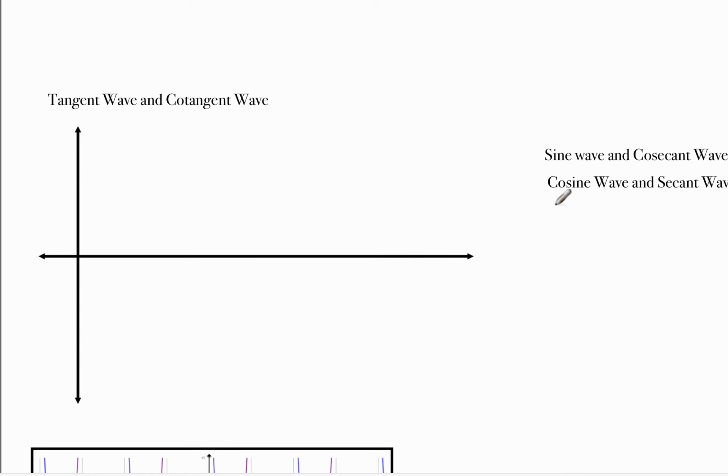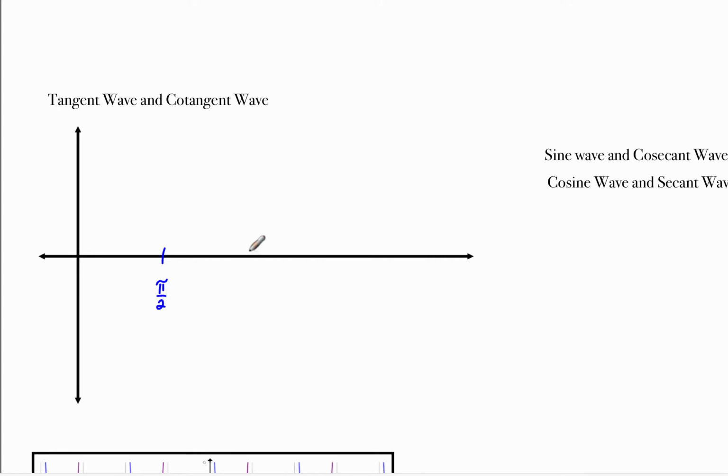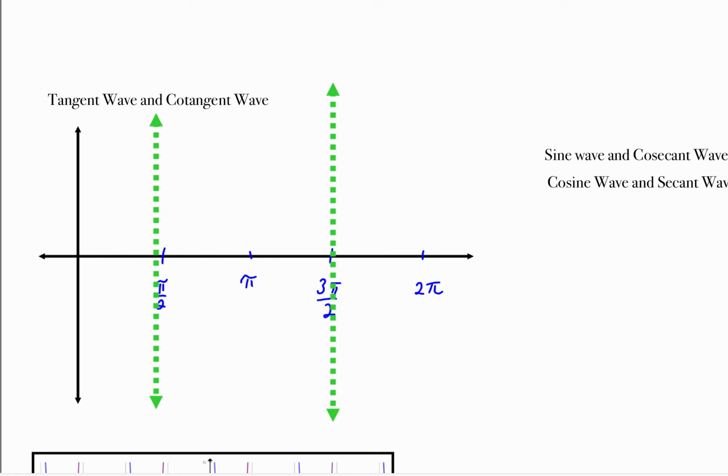What gets to be a little confusing is our friend, the tangent wave. We haven't really studied the tangent wave that much. The new Common Core doesn't want us to look at it, but I still think it's a nice wave. The tangent wave already has asymptotes built into it, right here at 90 and at 270.